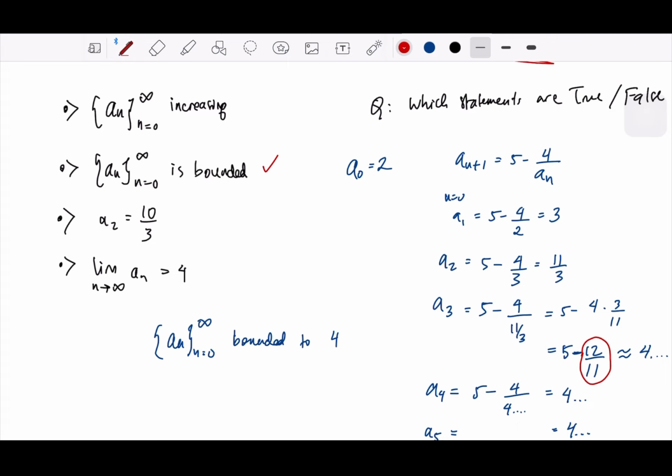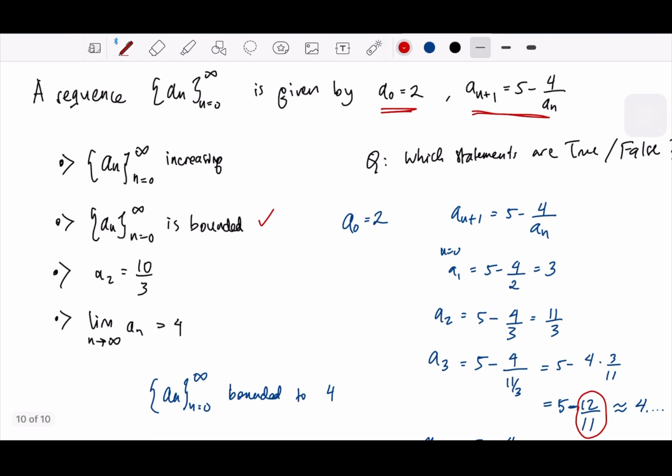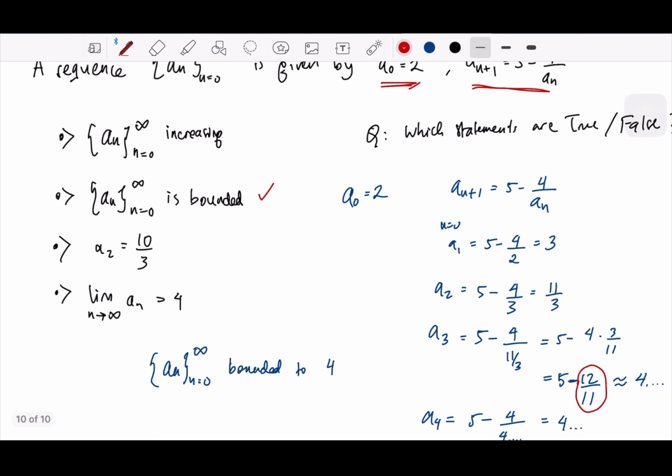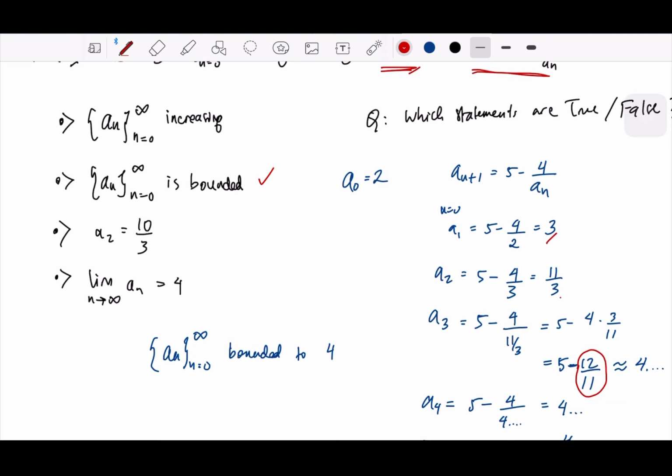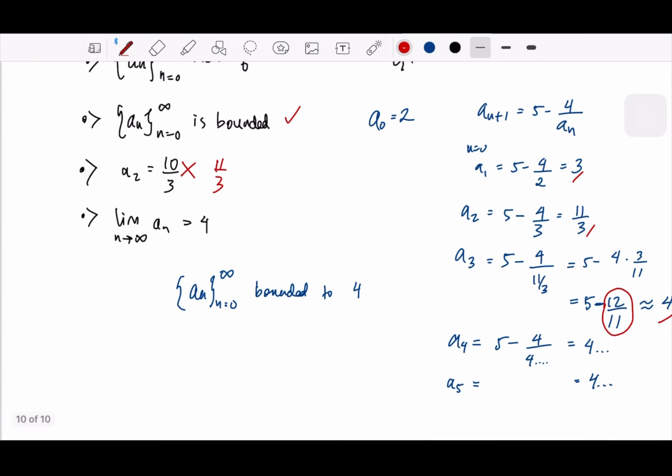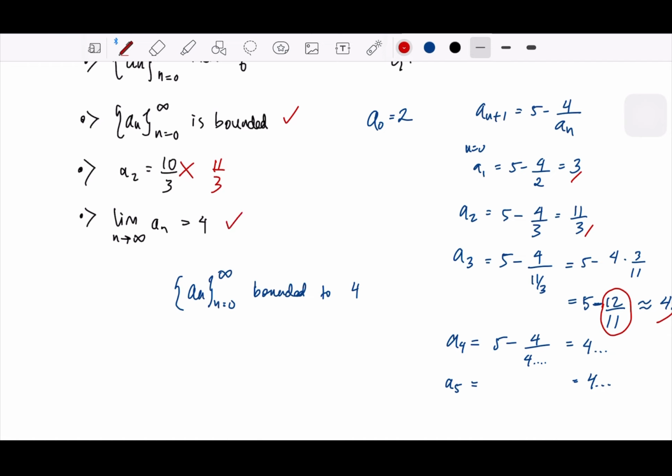And then if we look at how it goes from 2 to 3, 11 over 3, and then 4, we know that it's increasing. And a2 should be 11 over 3, so that statement is false. And we say that the limit is going to be 4, and that's correct.